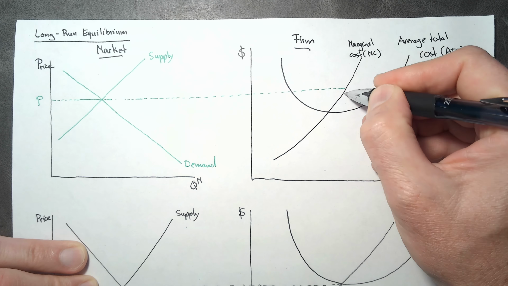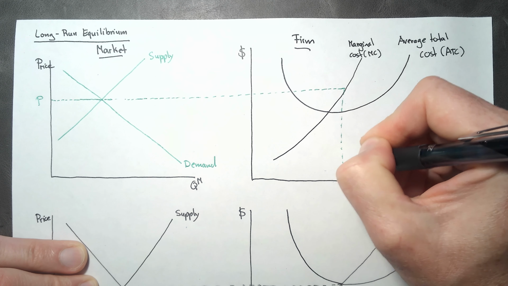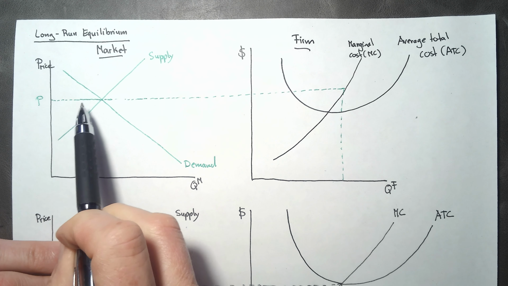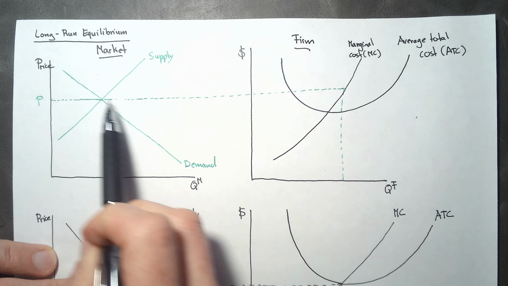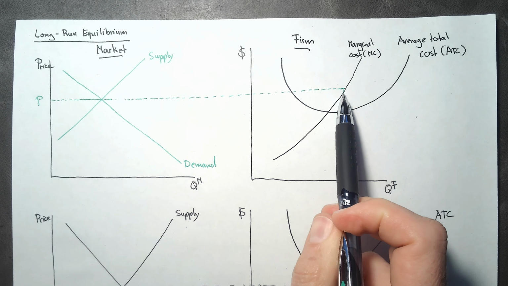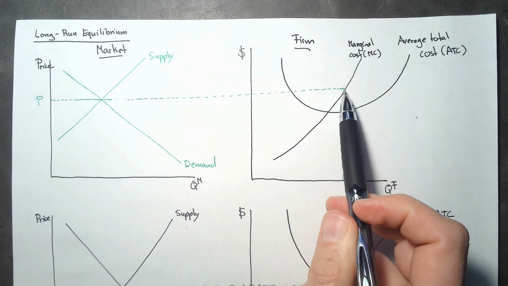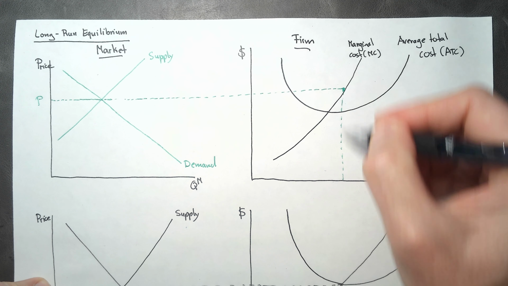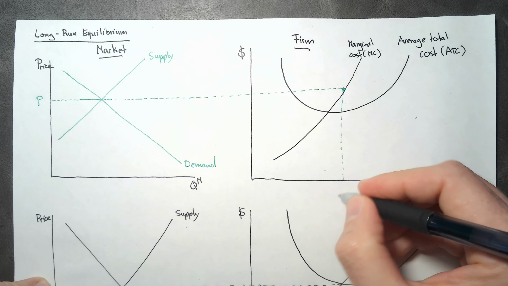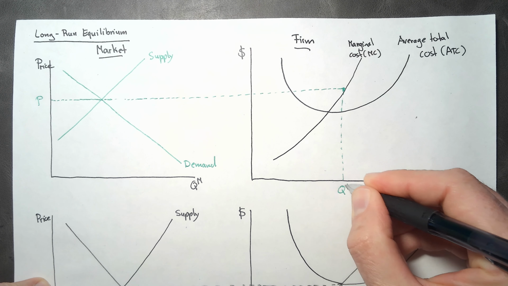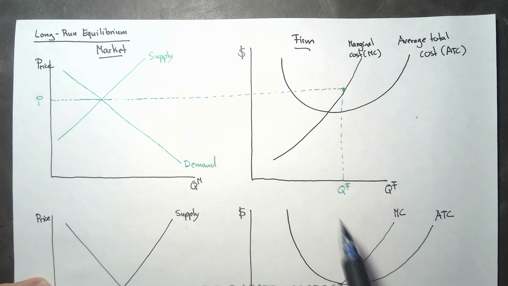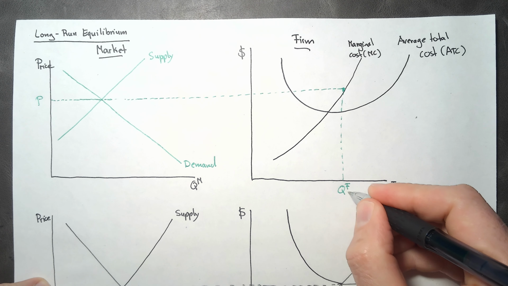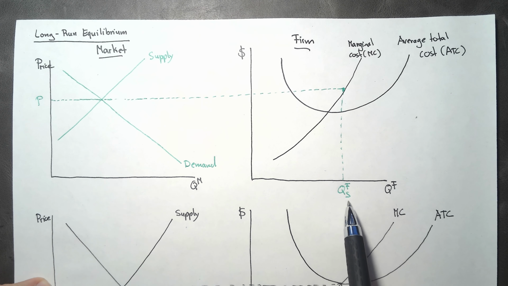So we have the price that prevails in the market, and that price is also seen by the individual firm, and the individual firm is going to set the price equal to the marginal cost, and that is where the firm produces. So let's call this QF, the quantity the firm produces, and let's call it S for short run.